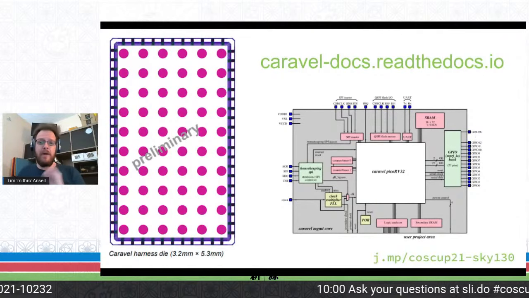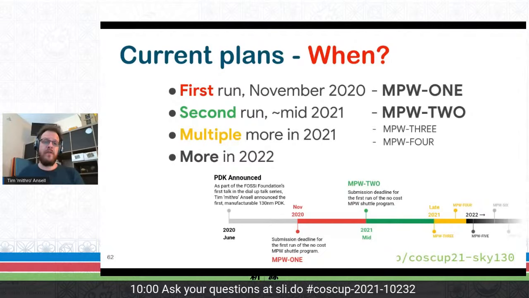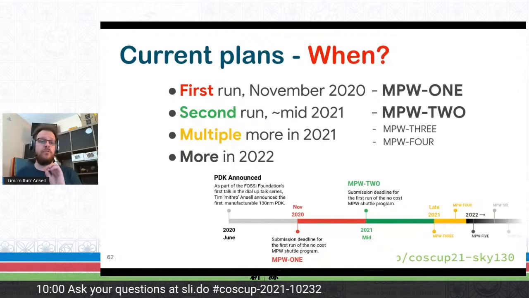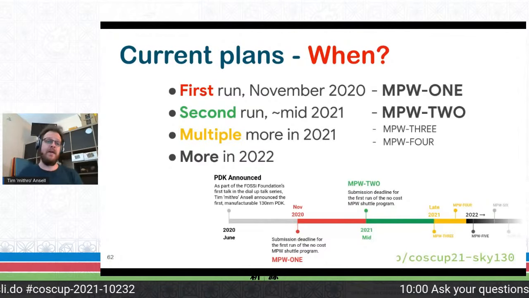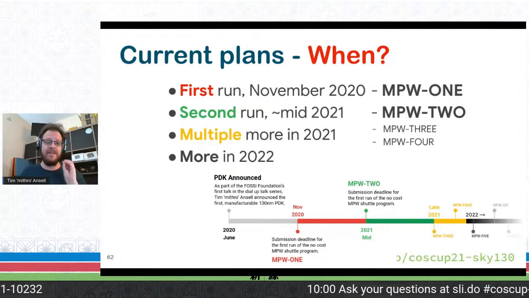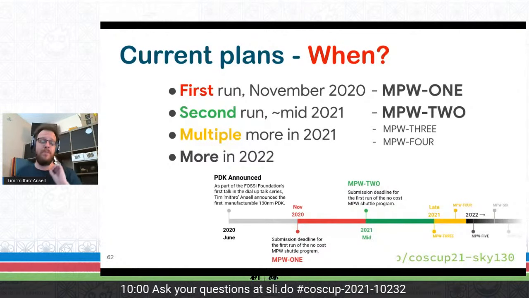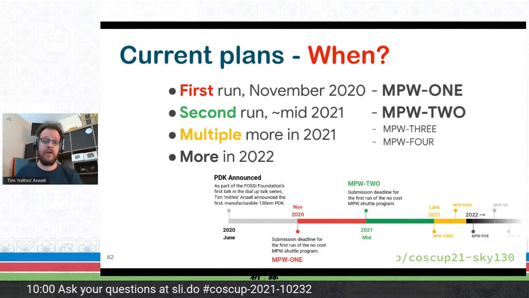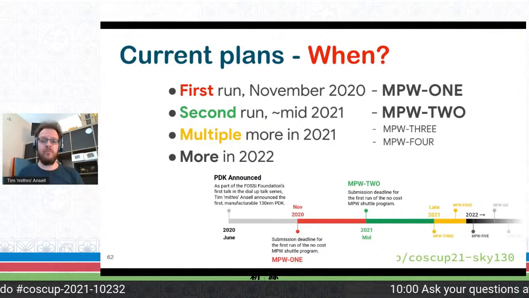And as part of this program, we wanted to make sure there were plenty of opportunities to do tapeouts, and plenty of opportunities to improve on your design. The first time you do something, it's obviously not going to be really good. So what we want is people to do something and then improve it. And so we had multiple times that we are planning to run this shuttle.